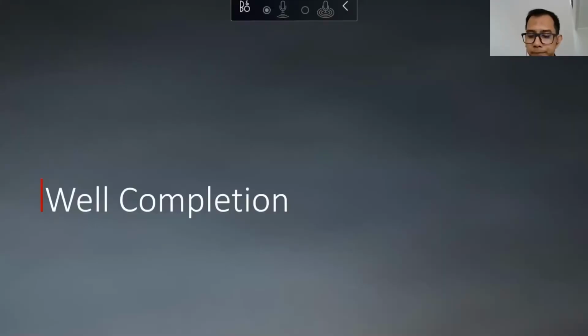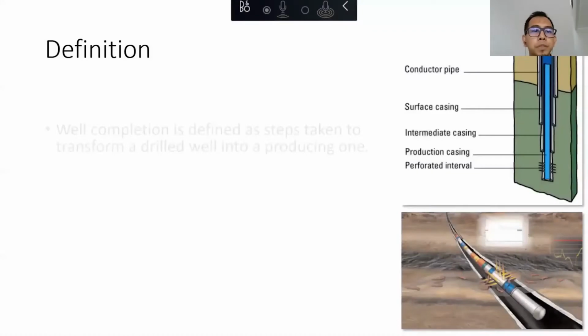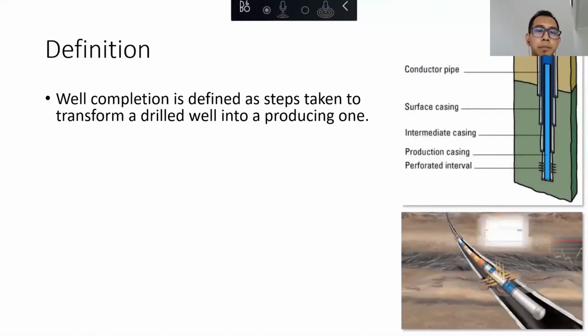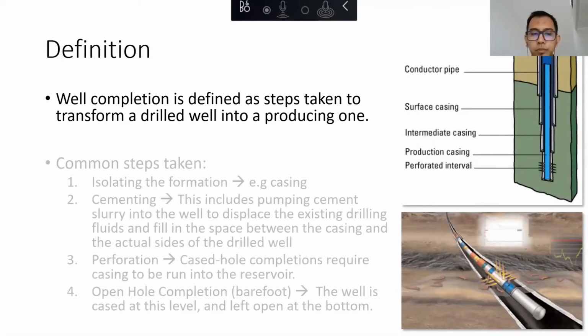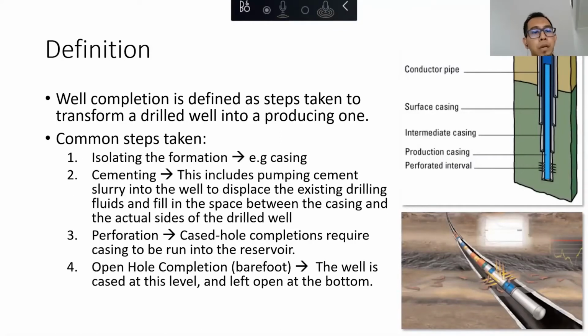And then the last chapter will be about well completion. Well completion is defined as the steps taken to transform a drilled well into a producing one, or to shut it off. Common steps: first is to isolate the formation by installing casing, and then perform cementation to seal the annulus from potential micro fractures or micro gas migration, and then perforation.